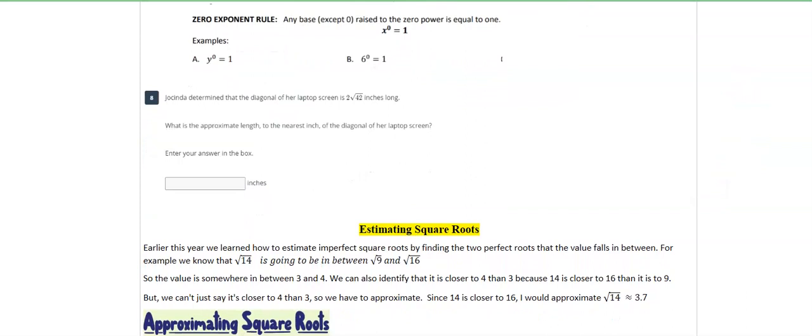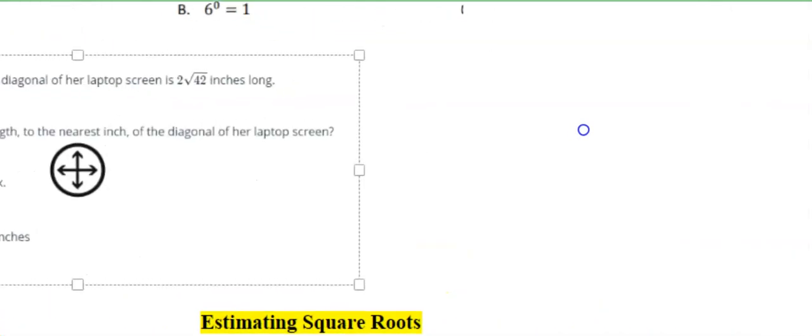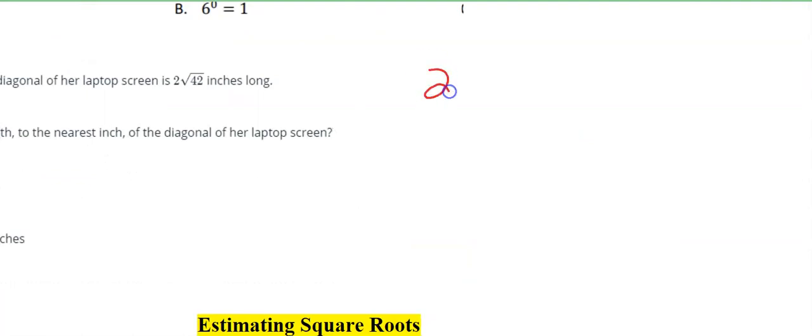Okay, and now we're almost to the end. It says, Jocinda determined that a diagonal of her laptop screen is 2 square roots of 42 inches long. What is the approximate length to the nearest inch of the diagonal of her laptop screen? So, let me zoom in. We know that the diagonal is 2 times the square root of 42.